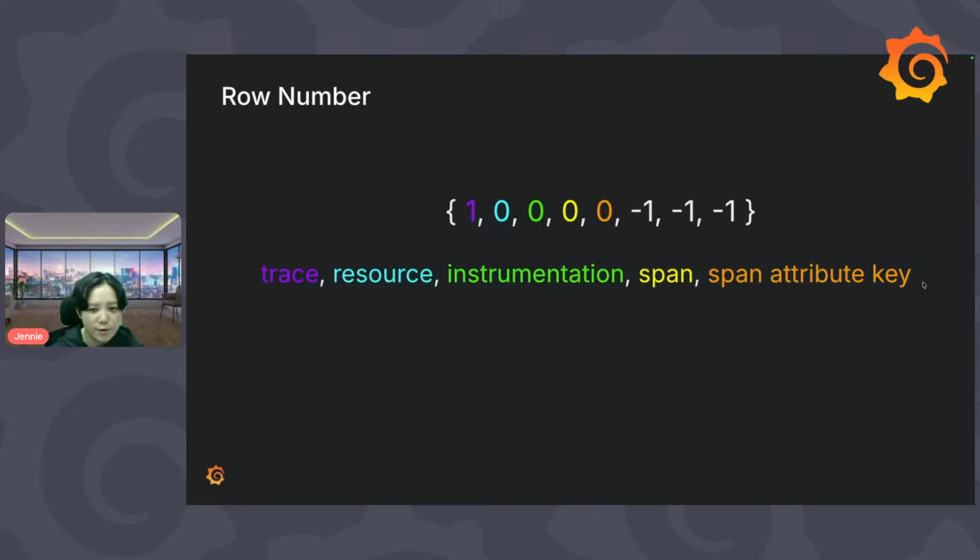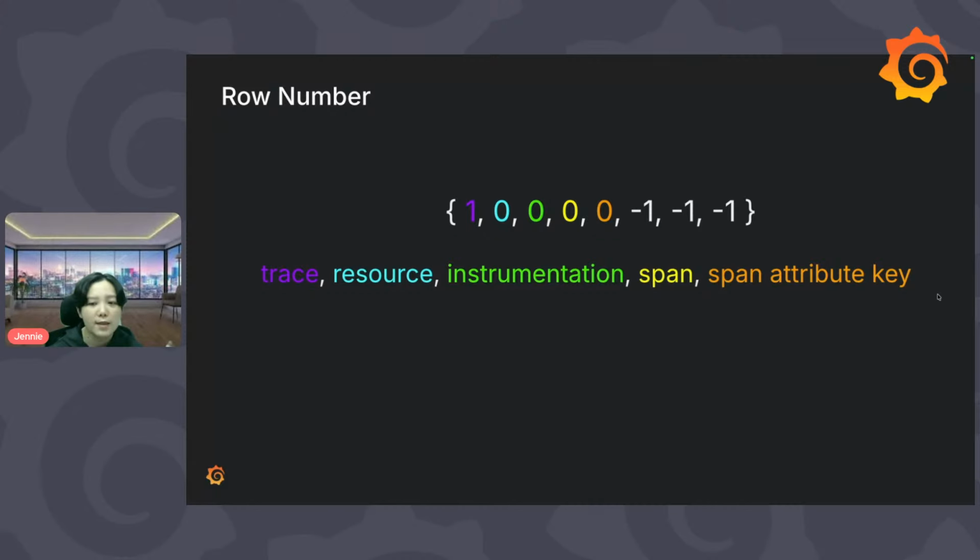A little introduction about the row numbers, just in case we get confused. Each of these numbers represents a different level, and I have a little color-coded guide for you. If this first number changes, it means we've moved on to a new trace. If this number changes, we've moved on to the next batch or resource, and so on and so forth.